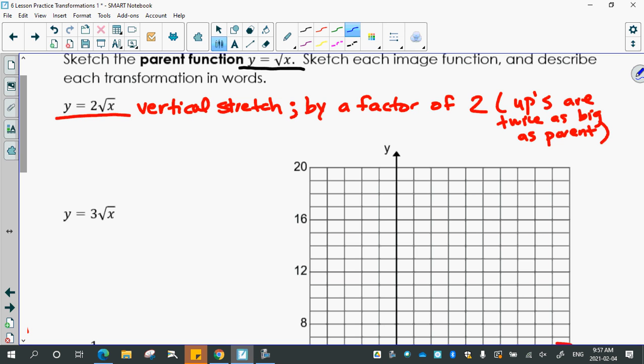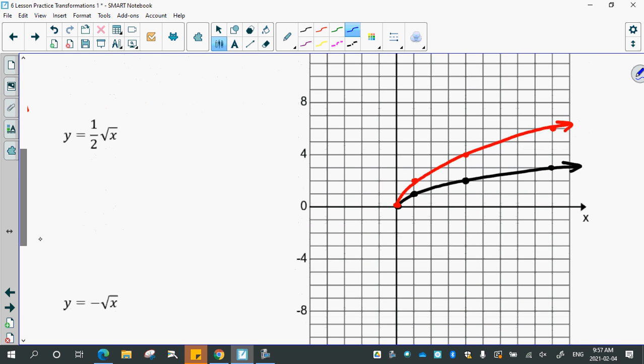Okay, because of that, does anyone have a theory on what y equals 3 times the square root of x would look like? Yep. You triple the ups. Okay, so instead of going up by 1 each time, you're going to go up by 3 each time you go up. So we're still going to start at 0, 0. And instead of going over 1 up 1, we're going to go over 1 up 3. And then normally we'd go over 3 up 1, so we're going to go over 3 up 3.